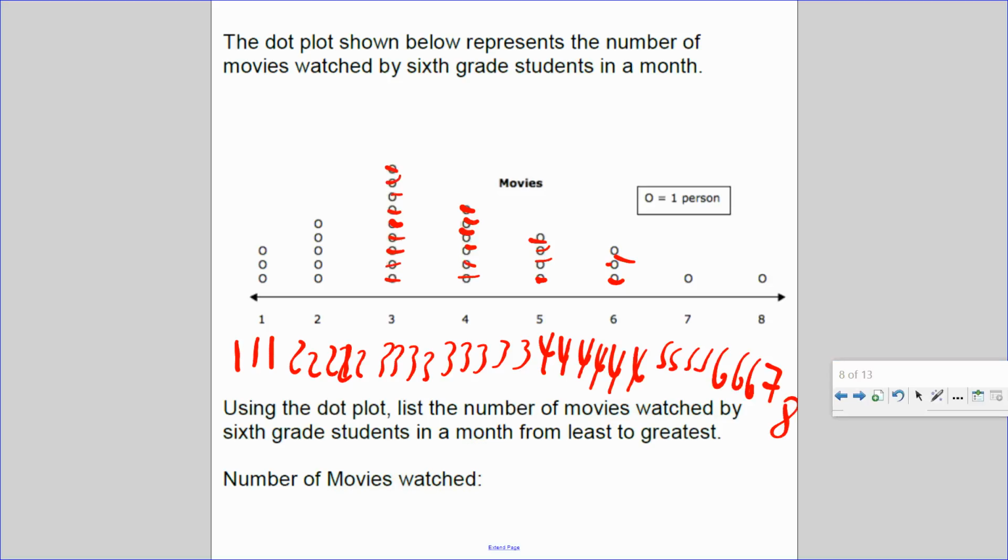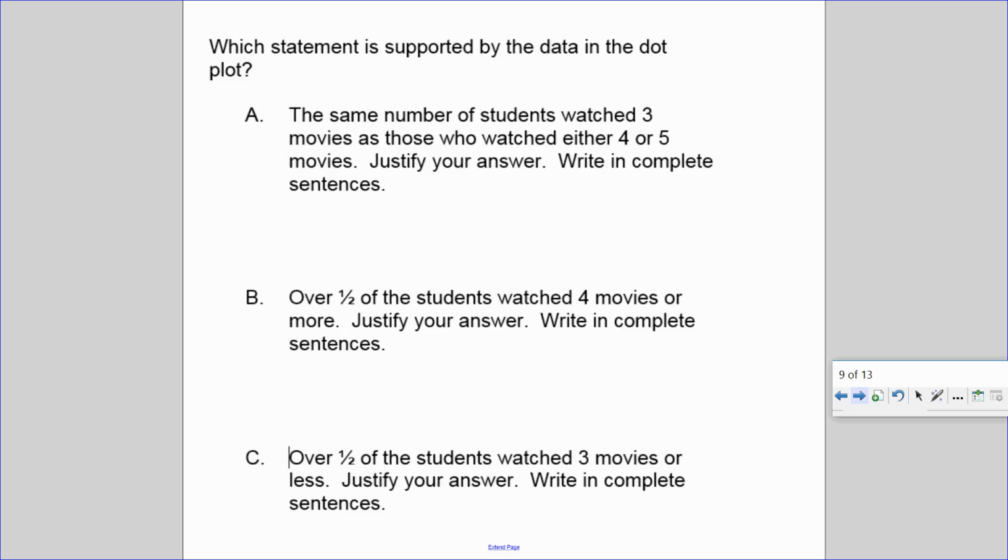Using the dot plot, list the number of movies watched by 6th grade students in a month from least to greatest. So these are all the movies watched. Which statement is supported by the data in the dot plot? The same number of students watched 3 movies as those who watched 4 or 5 movies.